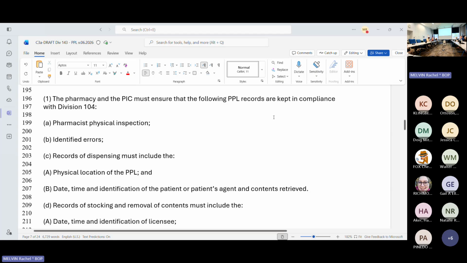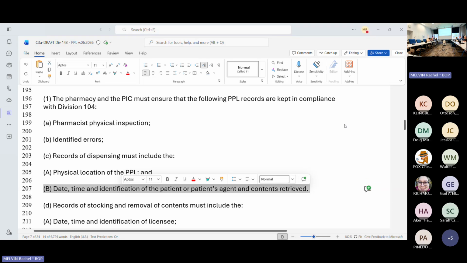Yeah, I think that's a great question for the board to discuss. Just to get everyone lined up on the call, we are looking at paren 1A, capital B: the date, time, and identification of the patient or patient's agent and contents retrieved.